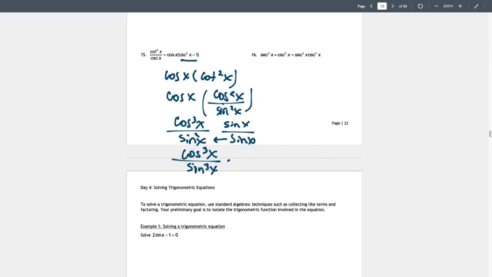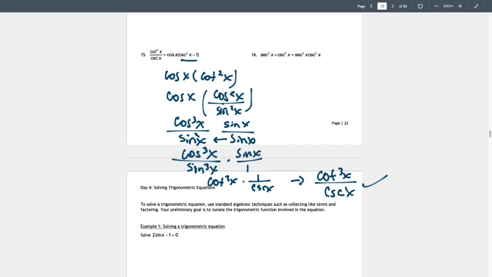And I still have that sine x on top that I'm multiplying by. So then that gives me cotangent cubed x. And then I can say that's the same thing as times 1 over cosecant, because cosecant is a reciprocal of sine. And so you end up with cotangent cubed x over cosecant x when you multiply straight across. Sorry about that. I made that completely messy because I wasn't paying attention to what I was trying to get to.